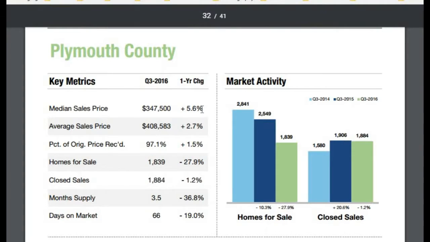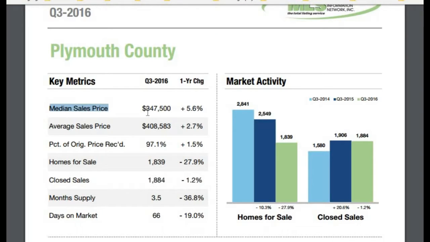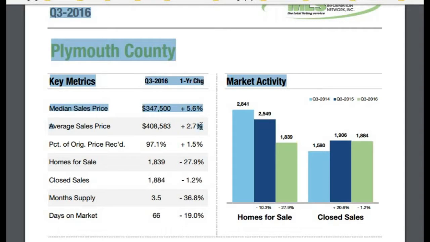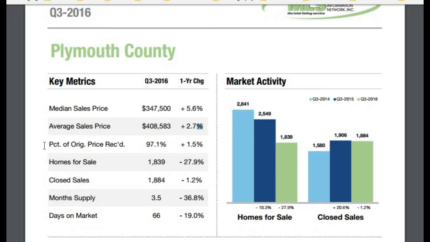In Plymouth County, for the third quarter of 2016, you can see that the median sales price of all homes sold within Plymouth County is $347,500, which is almost a 6% increase from the third quarter of 2015. Average sales price is $408,500, almost a 3% increase from the third quarter of 2015.